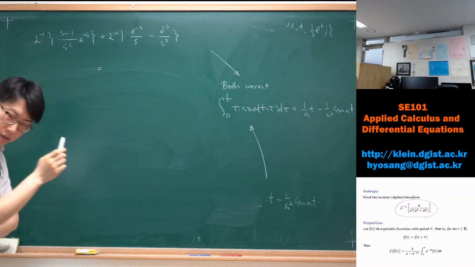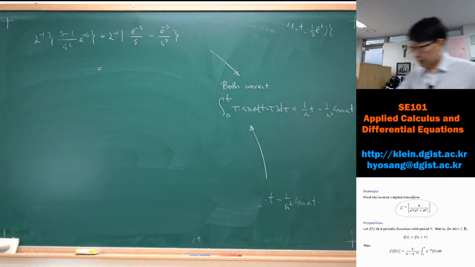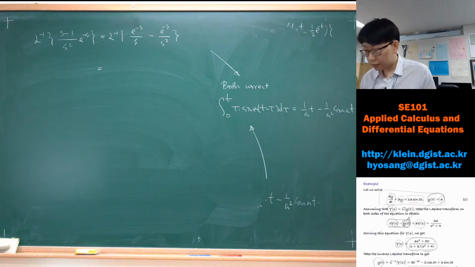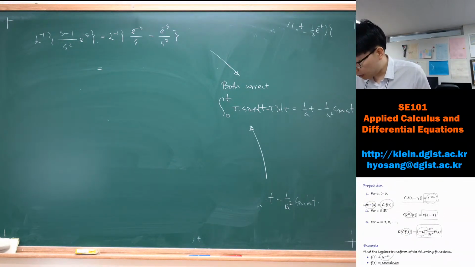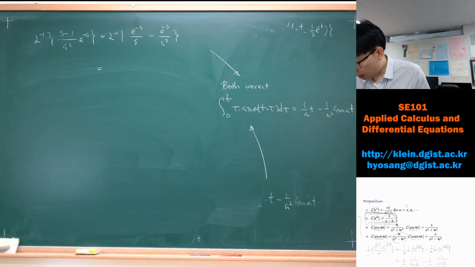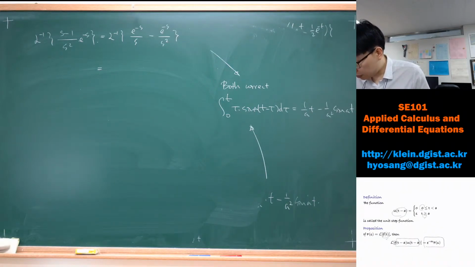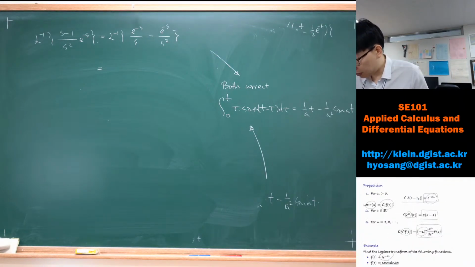So let's look at the formula which contains e to the negative as.